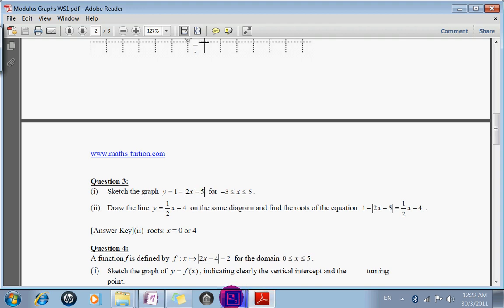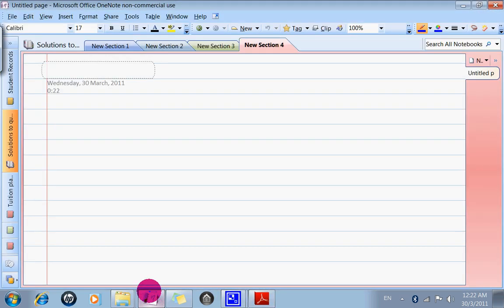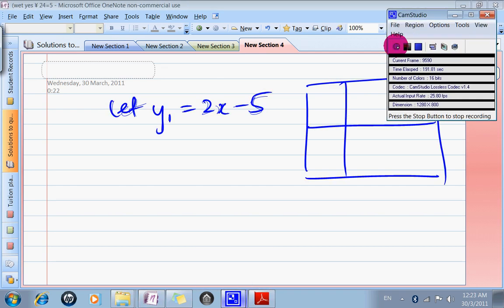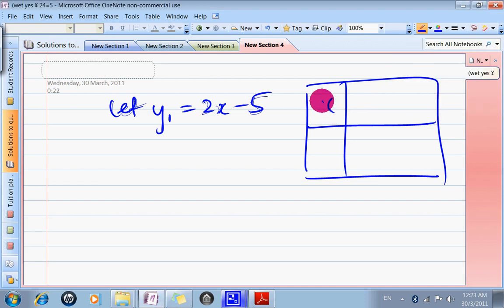So let y1 equal 2x minus 5. Okay, we are asked to sketch this graph from minus 3 to 5. So x, y, negative 3 and 5. When x is negative 3, y equals negative 11. When x is 5, y will be 5.